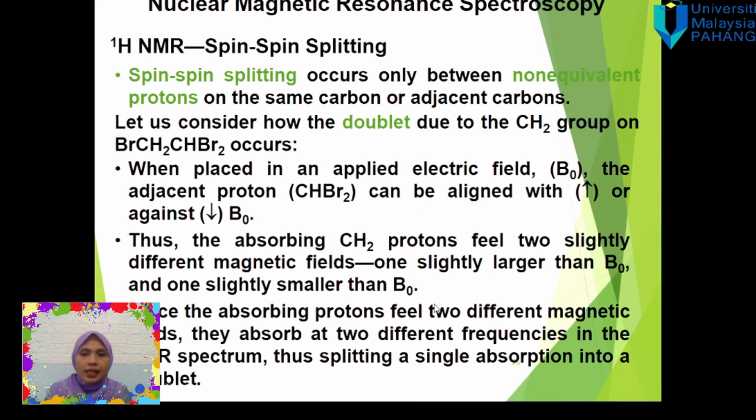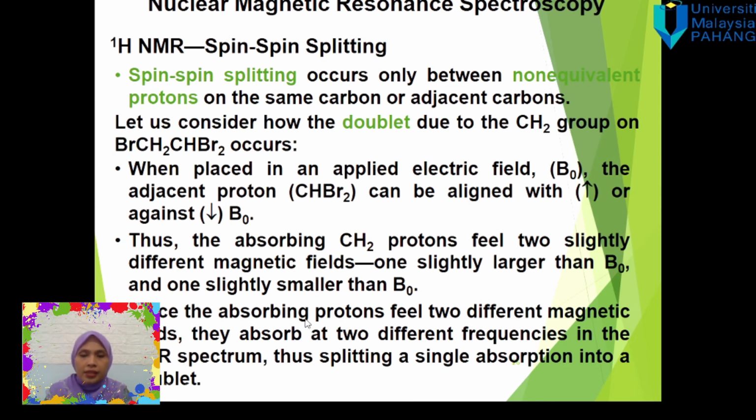You can see in detail here that when placed in magnetic field B0, CHBr2 can be aligned with or against it. That's why there are two spin states, up and down. So the absorbing CH2 feels two slightly different magnetic fields, one slightly larger than B0 and one slightly smaller.